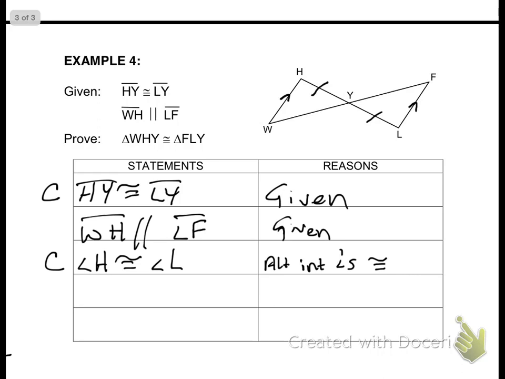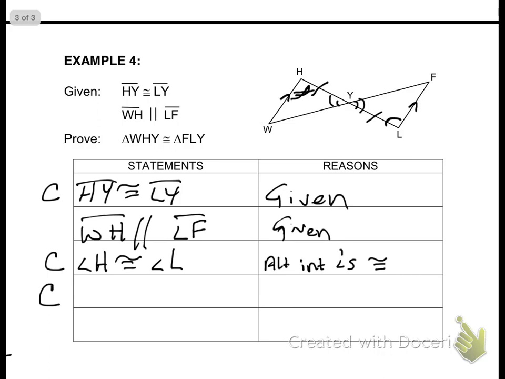Then we still need a third congruency statement. So let's mark the ones we just said. That was H and L there and here. Then we have this set of vertical angles in the middle.